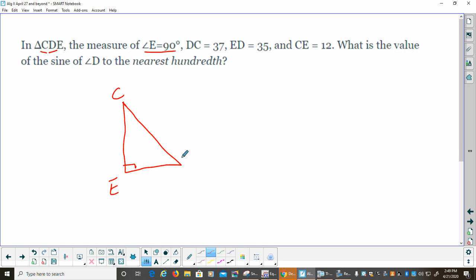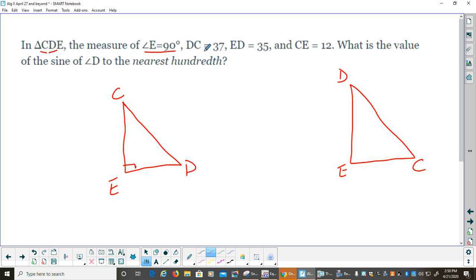If this is C and this is D, the problem would equally work out. Let me give it the same orientation so you don't think I'm changing it on you. As long as E is the right angle, it's not going to matter which one is D and which one is C. But I strongly recommend you draw a picture.